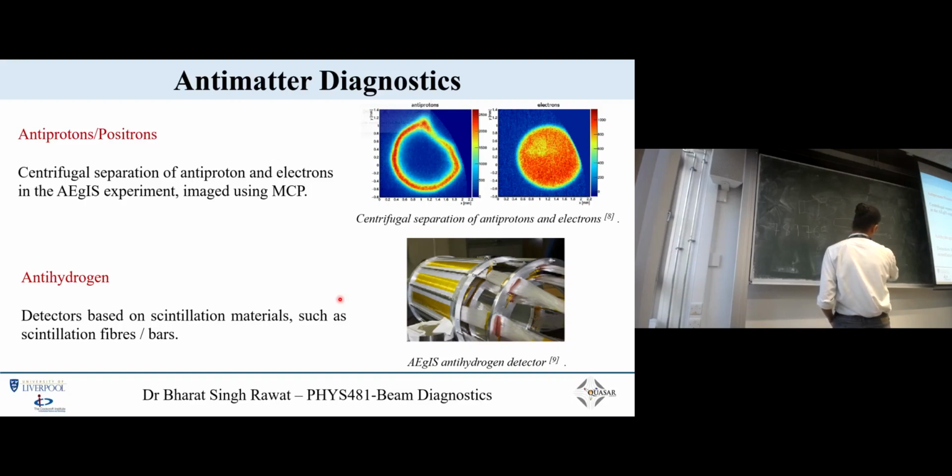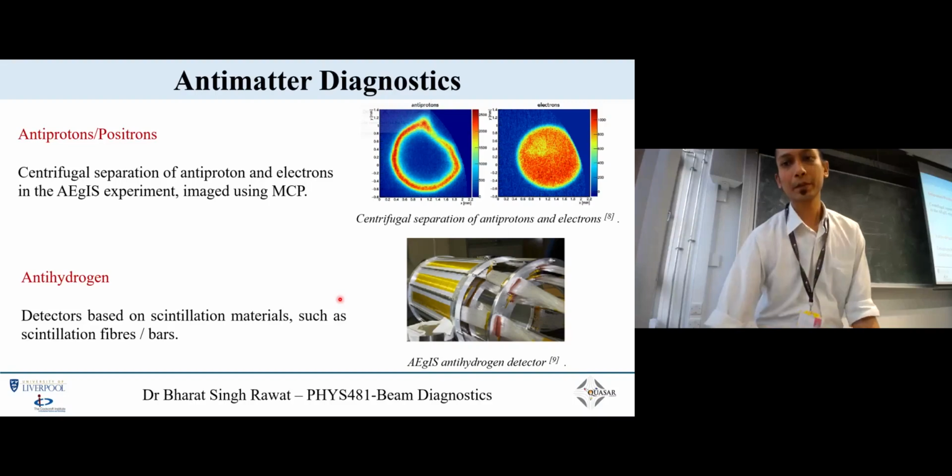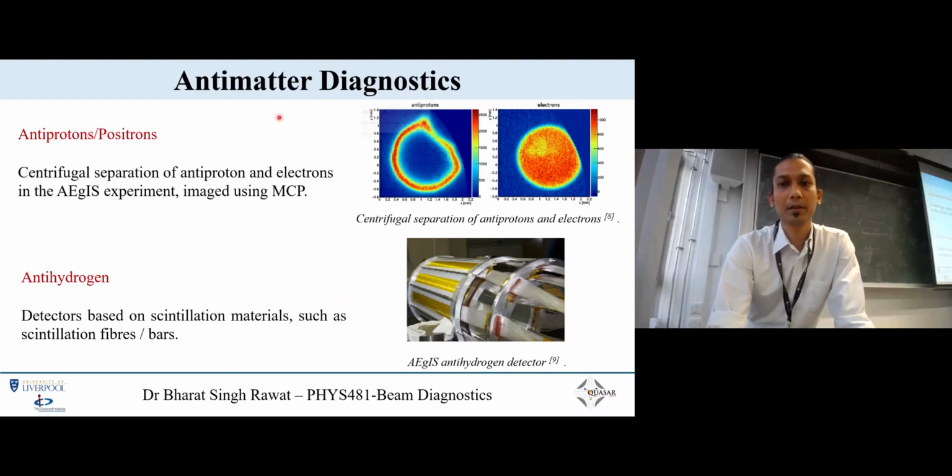When a particle, let's say an electron, interacts, it undergoes multiplication, and then you image it on a screen, and you can get the entire image of your particle. So this is a typical example of an antimatter plasma, which is very characteristic.